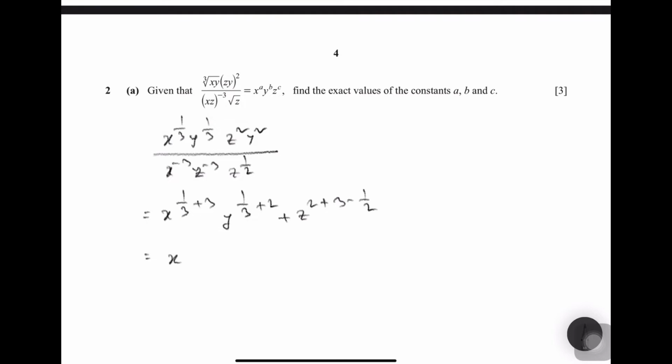It is becoming x to the power 10/3, y to the power 7/3, and z to the power 9/2. So we can easily say that if you compare with this, a equals 10/3, b equals 7/3, and c equals 9/2.